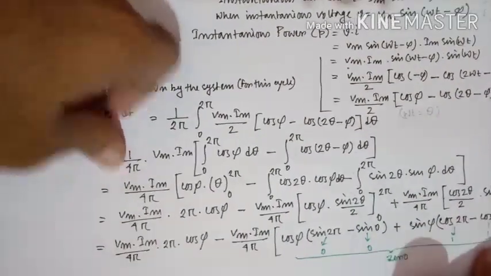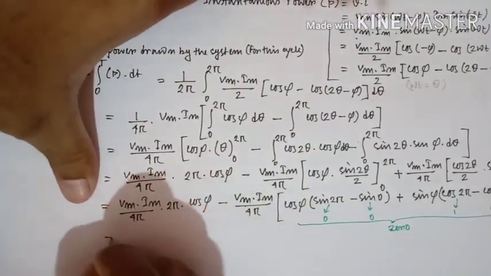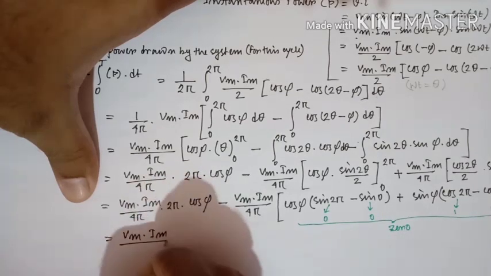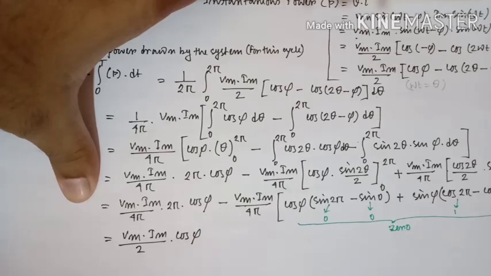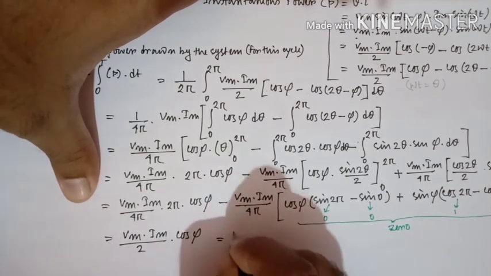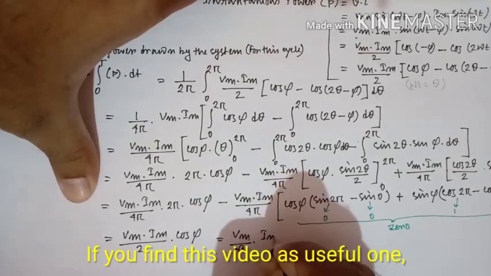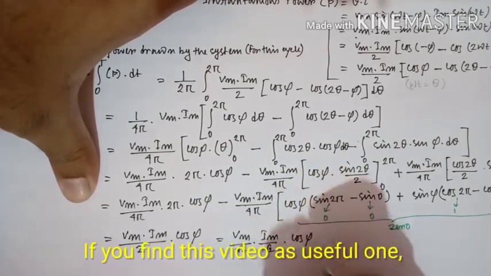So the final value that we are getting here is basically this one, Vm into Im divided by 2 into cos phi is equal to Vm by root 2 into Im by root 2 into cos phi.